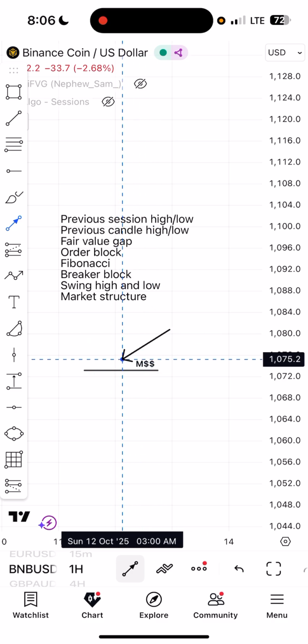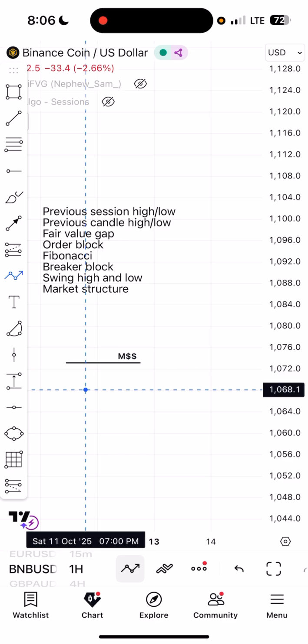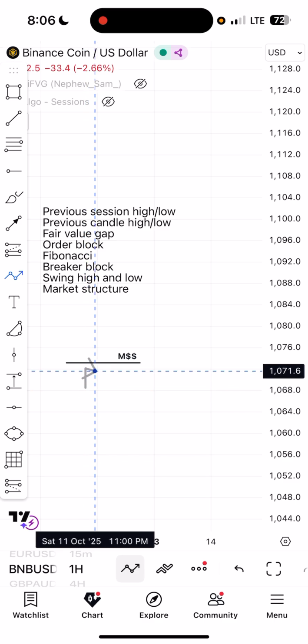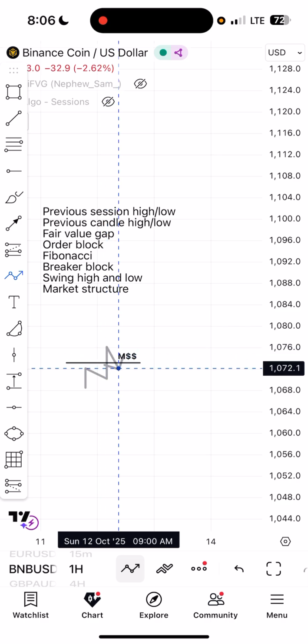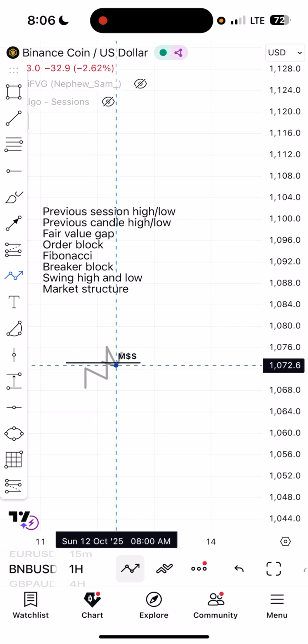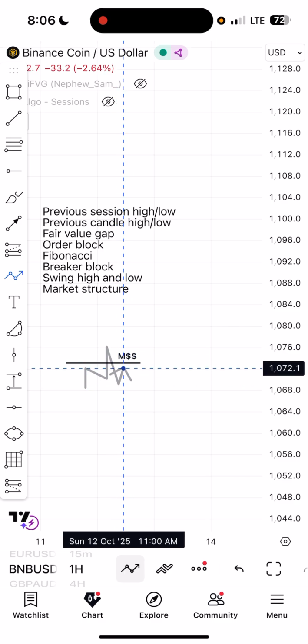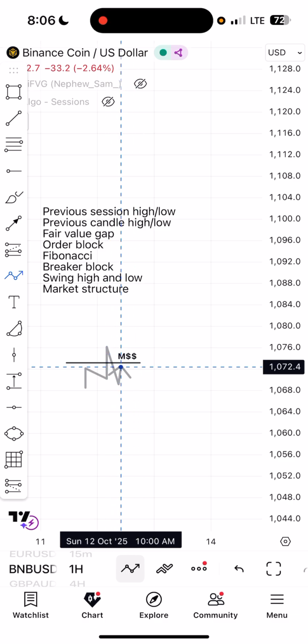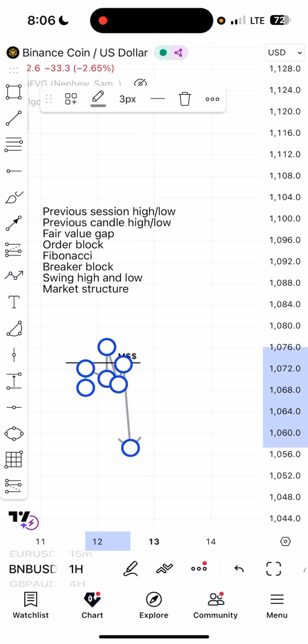Now, the next thing I want to be doing is going to the daily time frame on this monthly swing point. And what do I want to be seeing on the daily time frame? I want to see price coming into this level, sweep this area, then probably create a fair value gap around this area on the daily time frame, then target the fair value gap from that area, then continue downward.